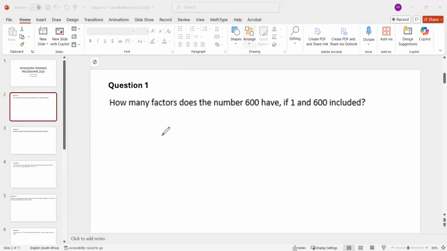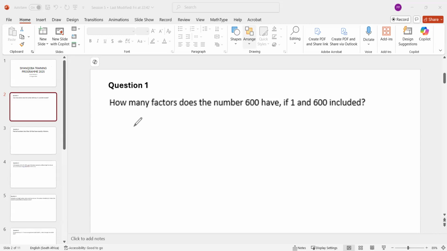Okay, the first question is, how many factors does the number 600 have if 1 and 600 are included? I suspect that I had done something like this before, but let's just quickly look at this problem again.